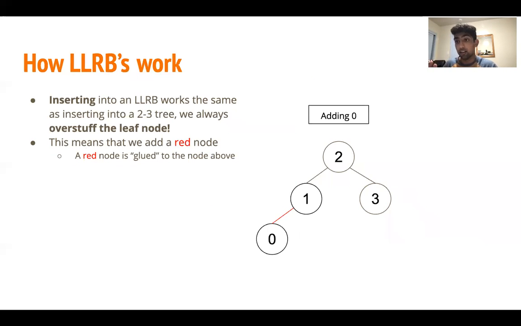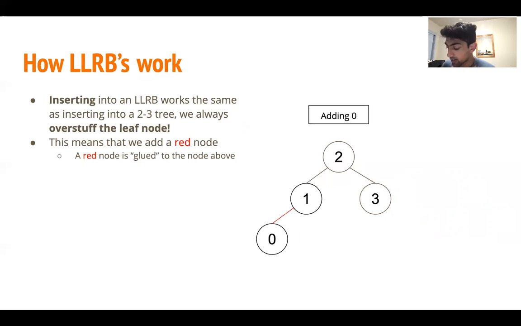Well, recall that an LLRB has a corresponding 2-3 tree, okay? The only purpose of LLRBs is that they're easier to implement in practice. So every time we do something to a 2-3 tree, just imagine that there's an exact corresponding LLRB that should perform the same way as the 2-3 tree.